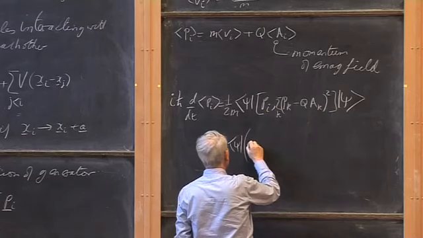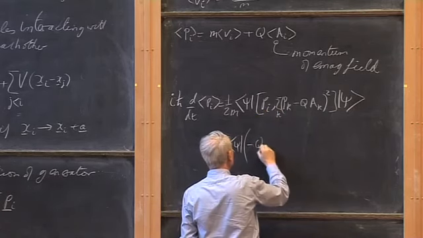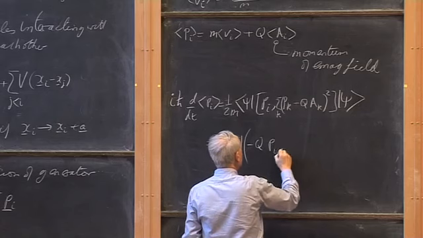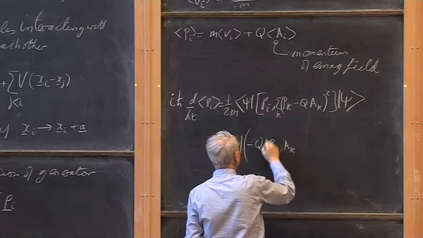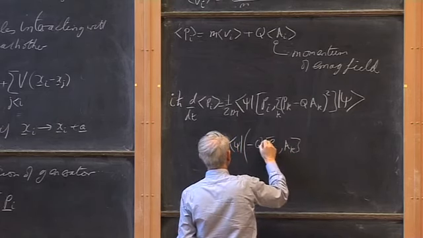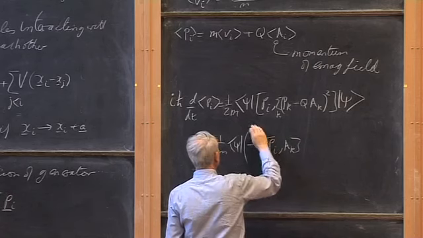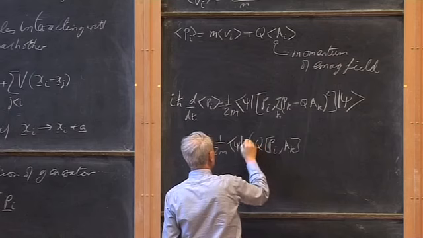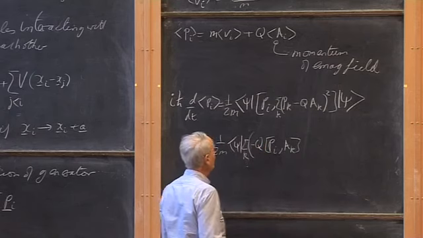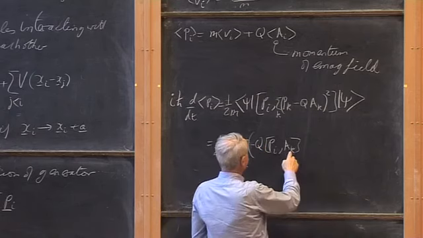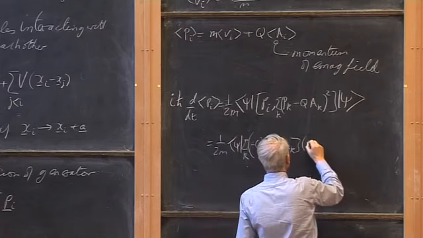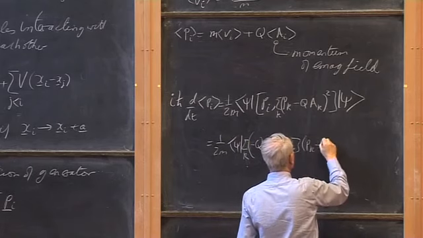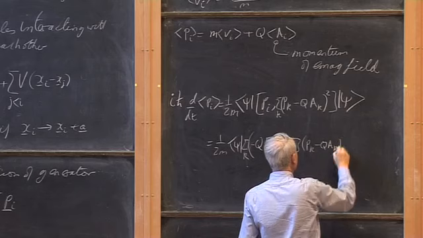So we'll have a minus q, the commutator of pi with ak. This is going to be summed over k. Maybe it would be better if we put a sum over k here. We've got to have one somewhere. Times pk minus q ak.